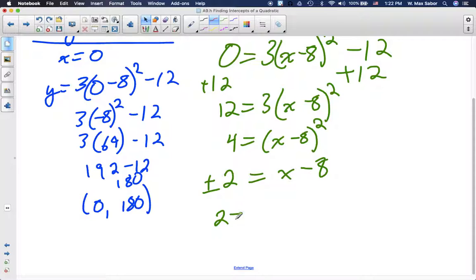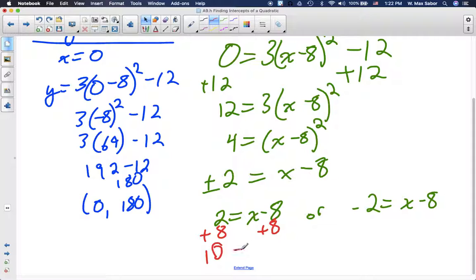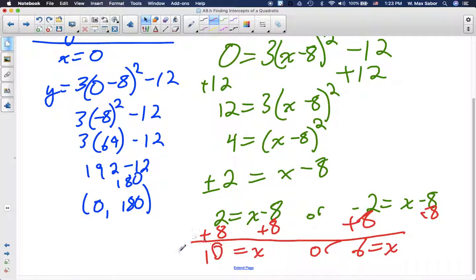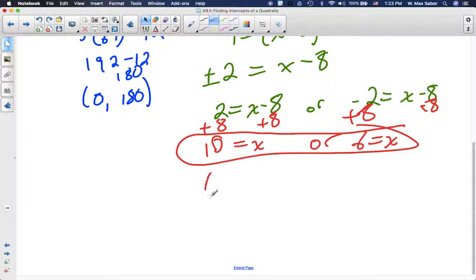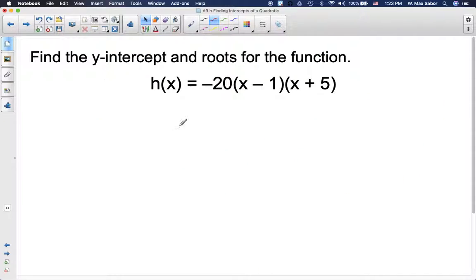We have 2 equals x minus 8, or negative 2 equals x minus 8. So we can add 8 to both sides of both equations to get 10 equals x, or 6 equals x. So that means 10, 0 and 6, 0 are our two solutions.